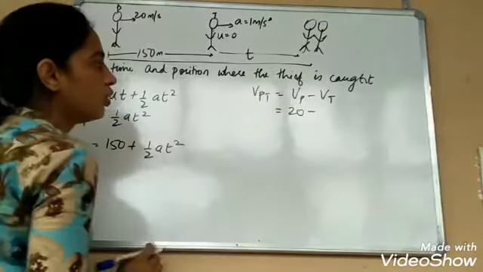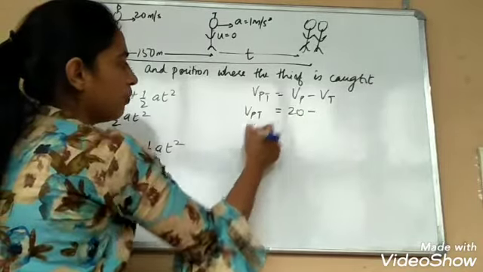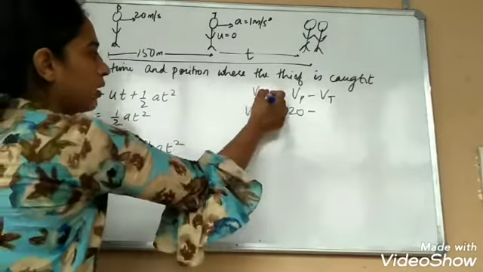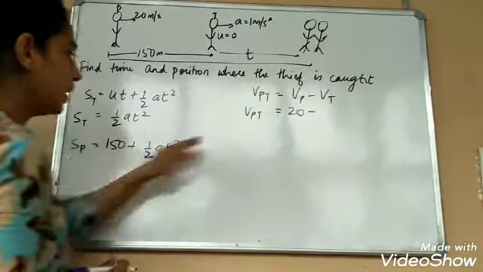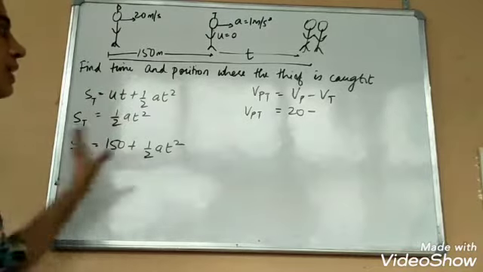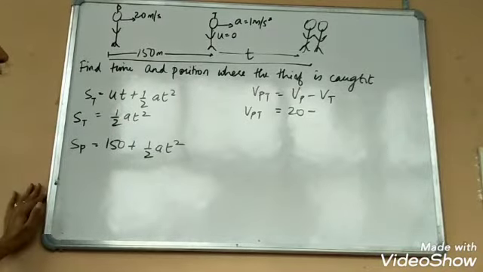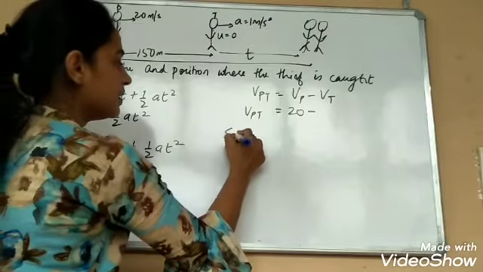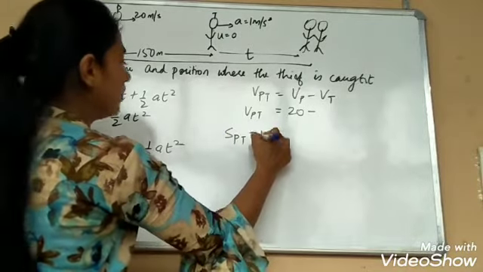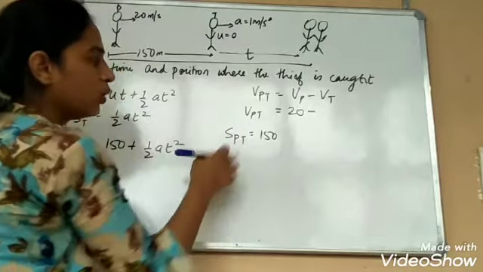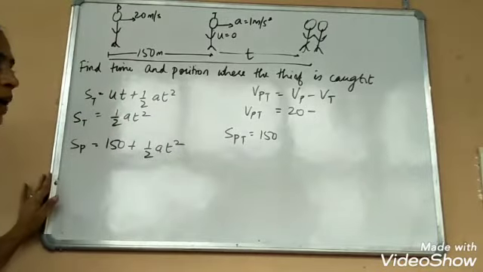We know the acceleration of the thief. If we come to know this, then the distance of police with respect to thief is 150 meter. If we know this, distance divided by velocity will give us time.